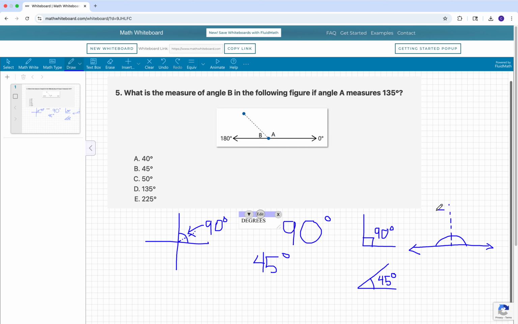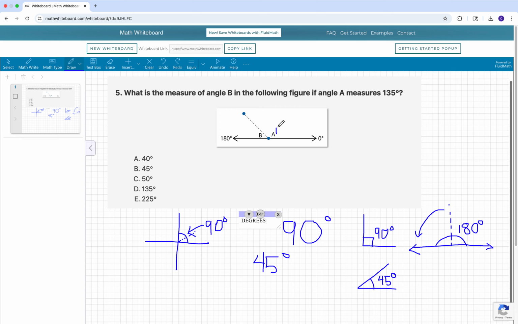We sort of moved it here, and now this is 180 degrees. We can also add angles together, and we can subtract angles from one another. Now we have enough information to solve this problem.